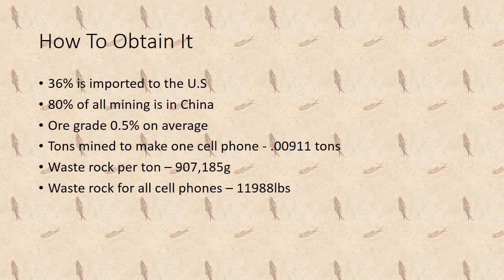The tons mined to make one cell phone would be about 0.009 tons. And the amount of waste rock per ton is about 907,185 grams.